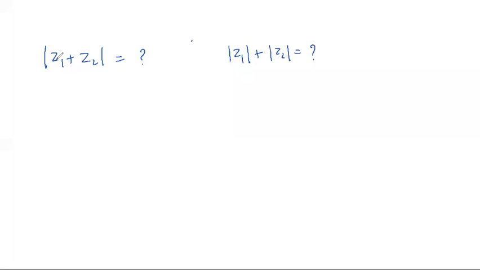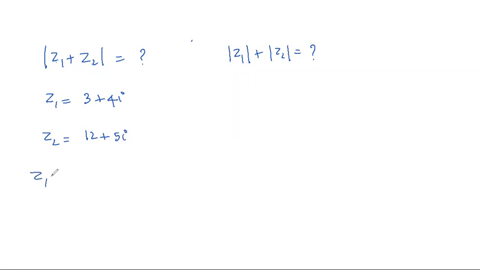I'm going to take the sum of two complex numbers' moduli. If I add the individual moduli, will they be equal or not? I'll take an example: Z1 is 3 plus 4i, Z2 is 12 plus 5i.